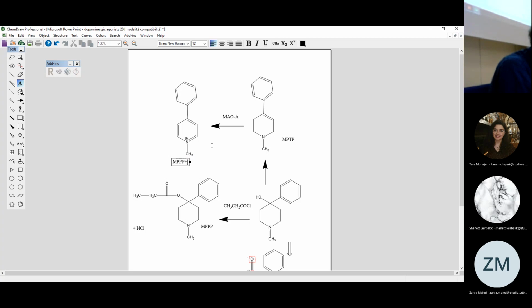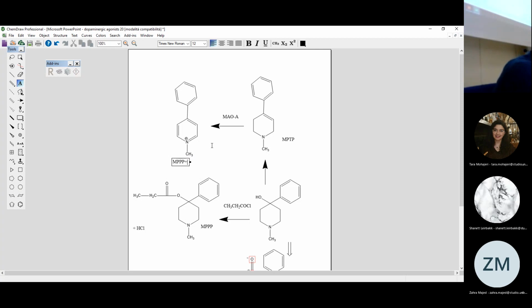So MPP+ is a specific substrate for this type of reuptake system, but also a strong toxin for the mitochondria present inside the dopamine neurons.